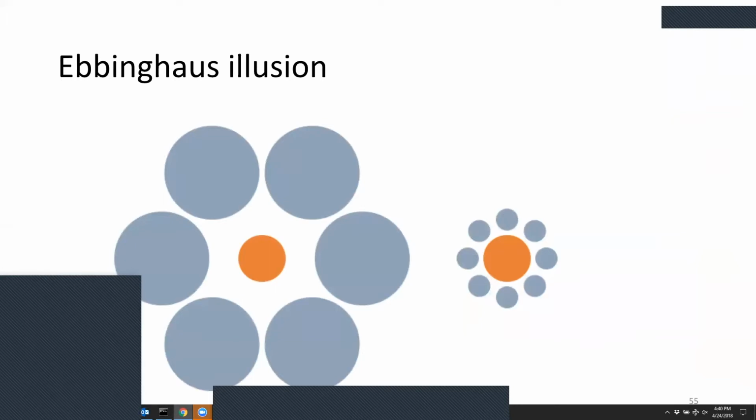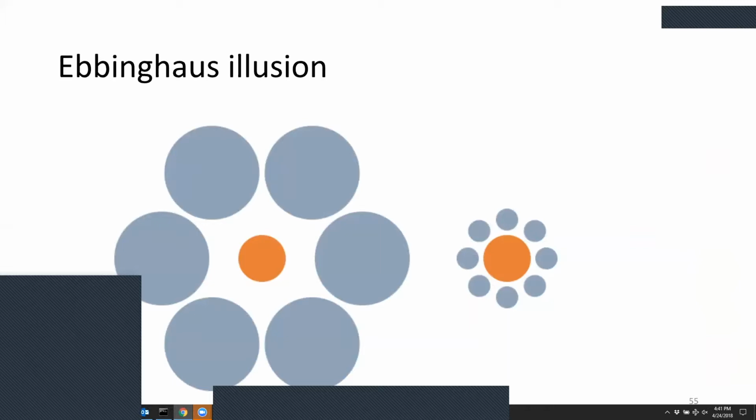Another thing to consider, and another illusion I bring up here, is that if you have multiple objects on the screen, specifically circles in this case, we can visually become biased. In this case, we have larger circles around an orange circle and smaller circles around the other orange circle. Even though the two orange circles look different from one another, they're actually the same exact size.